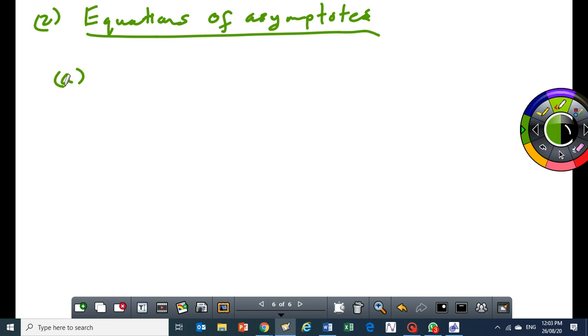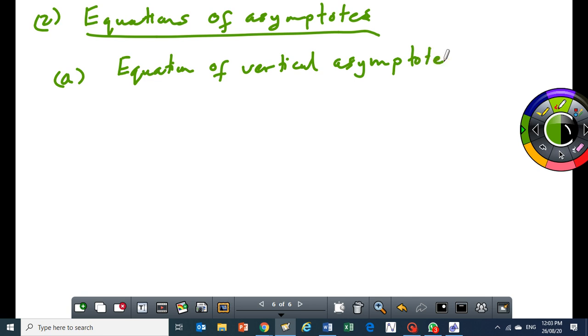Remember, we are talking about the equation. Okay? So, the equation of the vertical asymptote.